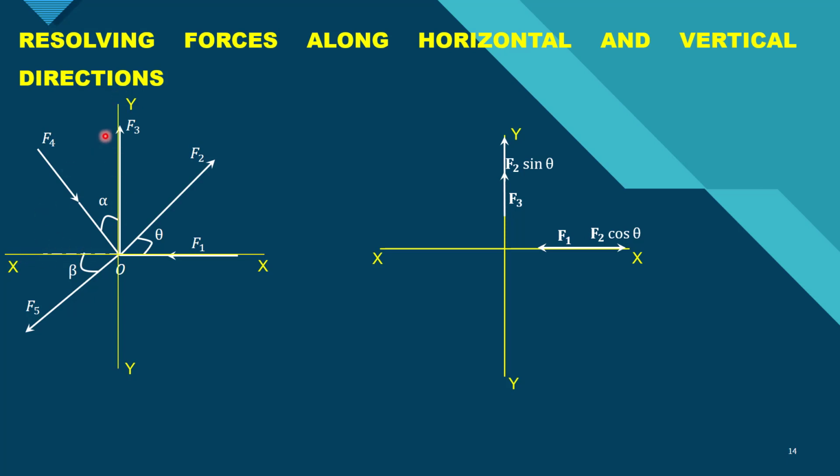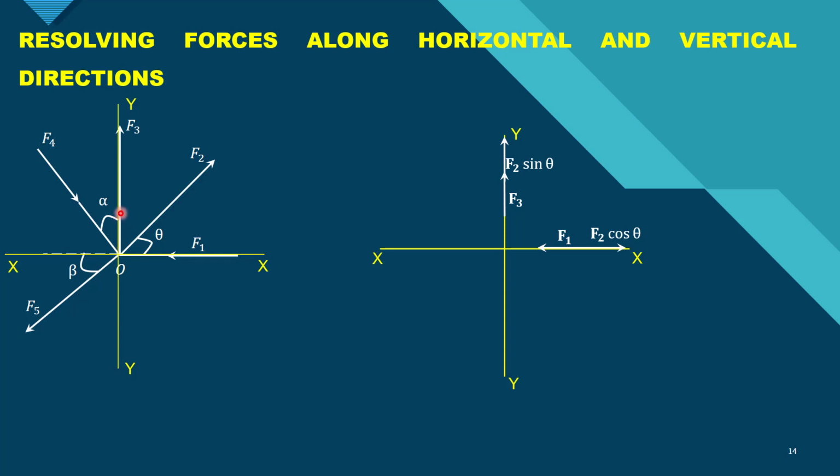One will be here and one will be here. Now you can see that the force F4 is acting towards the point O, which means the components of force F4 will be acting towards the point O. So the horizontal component will be acting towards right and the vertical component will be acting in the downward direction.